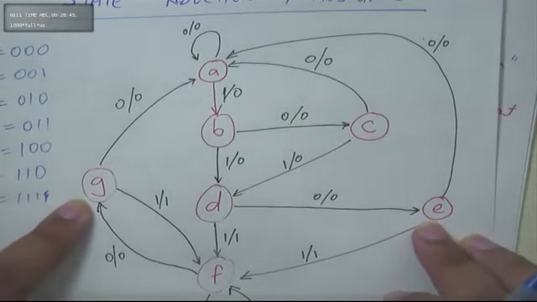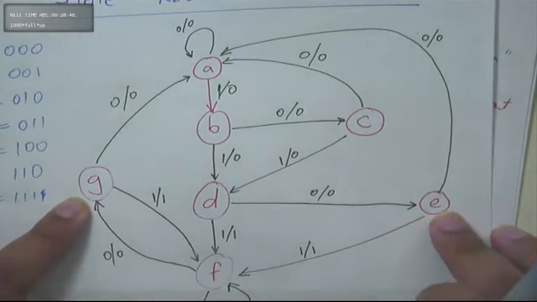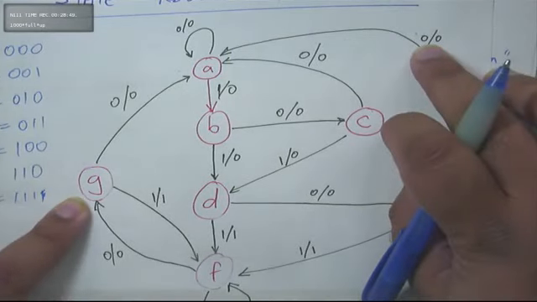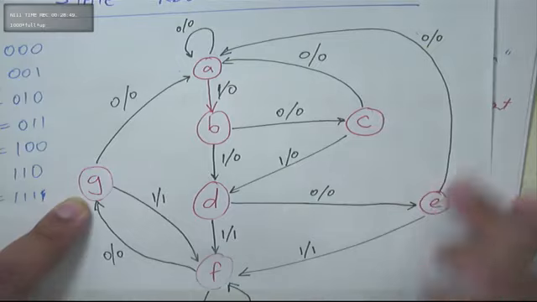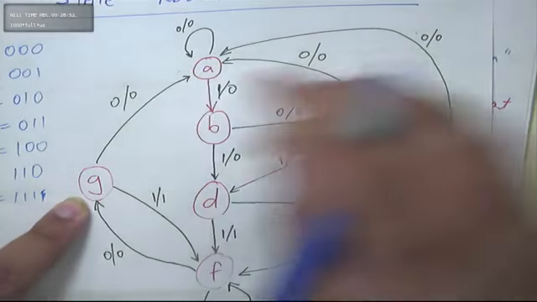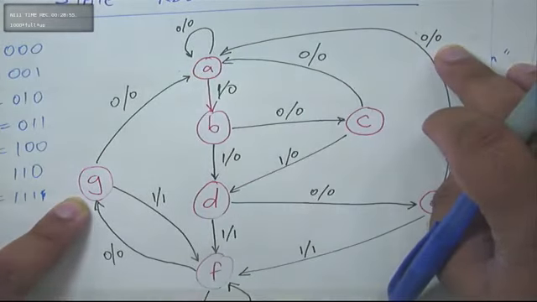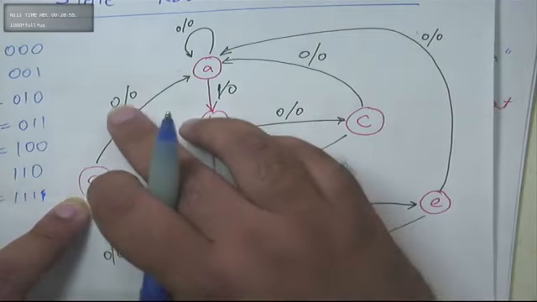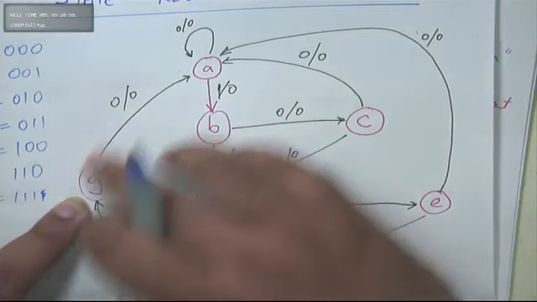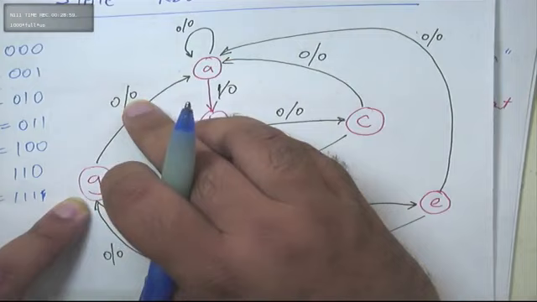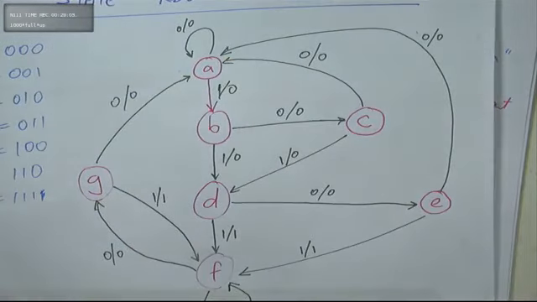Why? Can you see, for E, if your input X is 0, it goes to A and the output is 0. Let's look at G. If input is 0, it goes to A and the output is 0. So if you apply something, they're both traveling in the same direction with the same output.